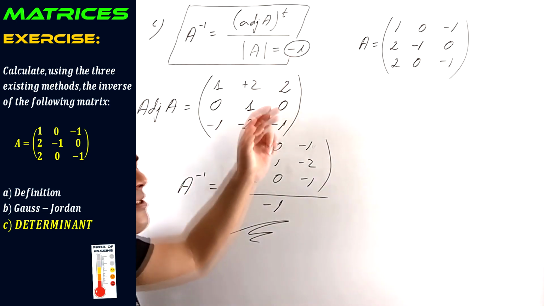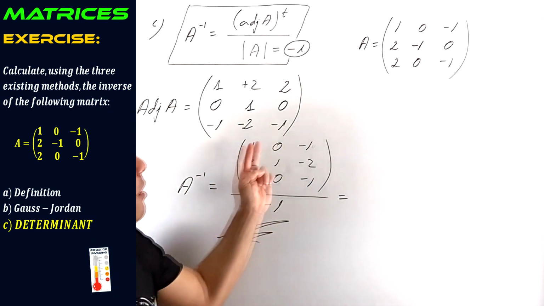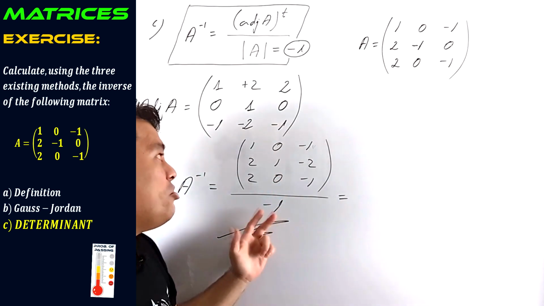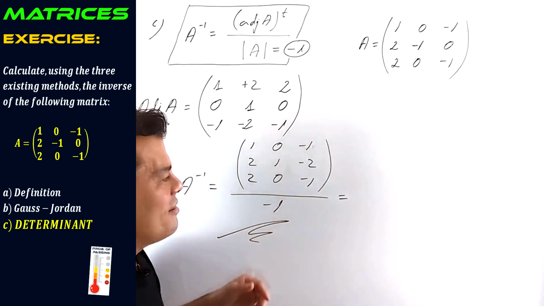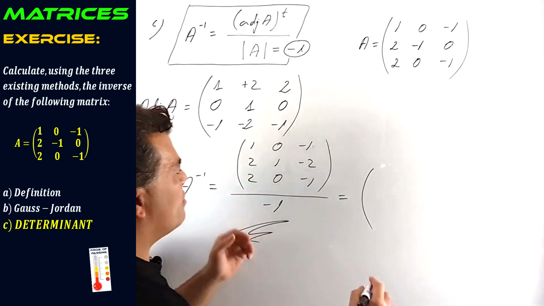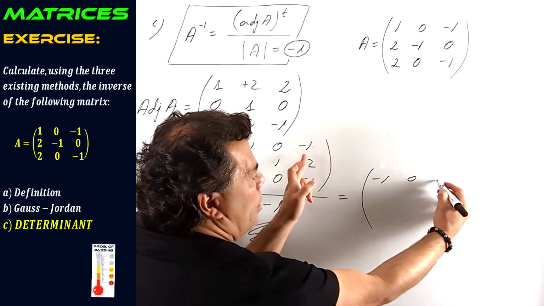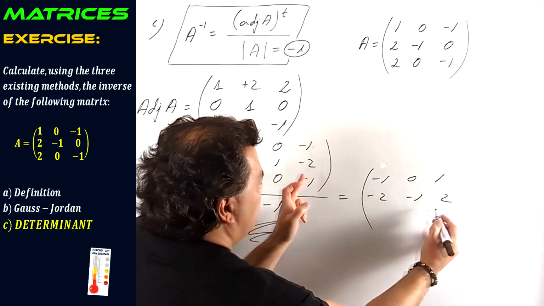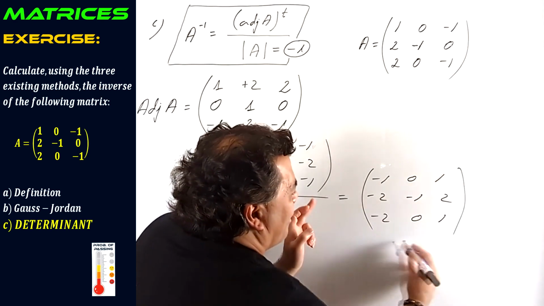And this is the result, but I'm sure that you are considering that all these positions can be divided by -1, which is basically to change the sign of all these 9 positions. So our inverse matrix will be -1, 0, 1, -2, -1, 2, -2, 0, 1.